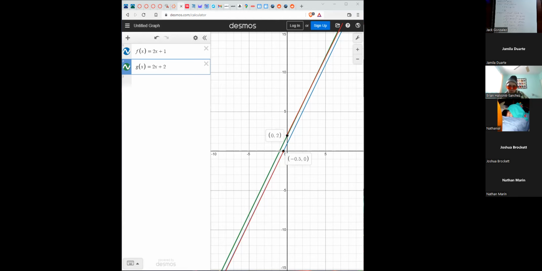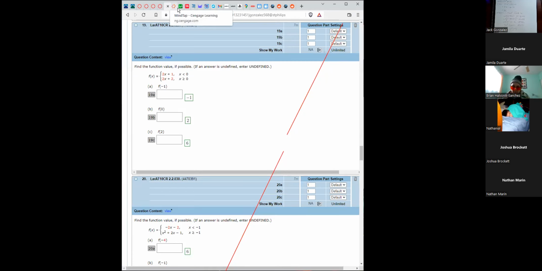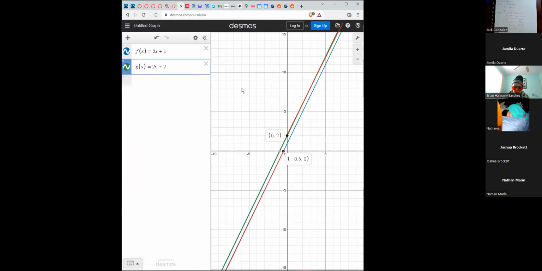Let's make sure it didn't mix that up. May have. 2x plus 1 less than 0. Yeah, so 2x plus 1 is down here. When it's less than 0 on the x's, we're at this red part. When we hit 0, this is technically an open circle.